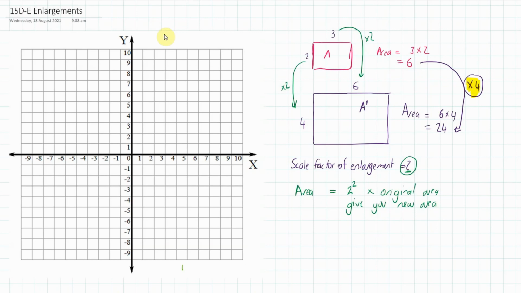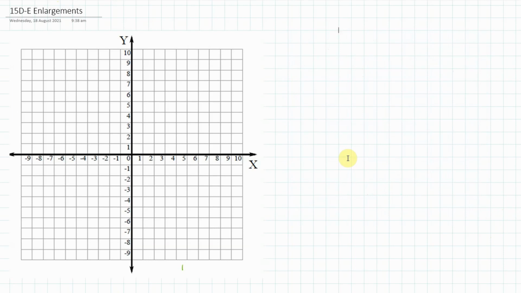And we could change things a little bit, and let's say we had a slightly different example. Let's say that we had a little square like this. Very nice. So it's 1 by 1, so its area is obviously 1. Now let's say we enlarge this by 3.